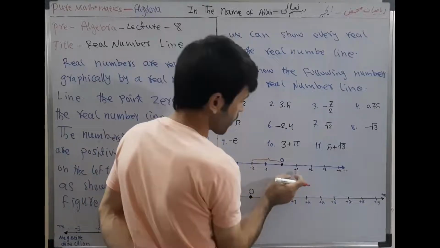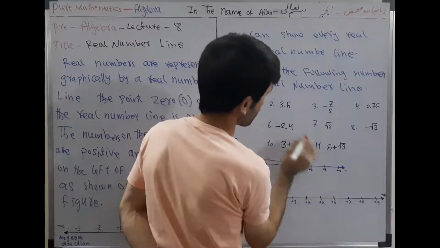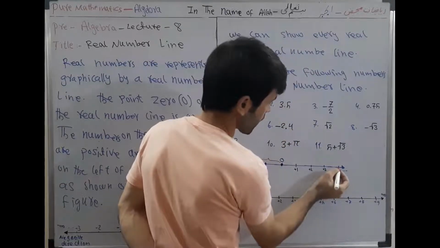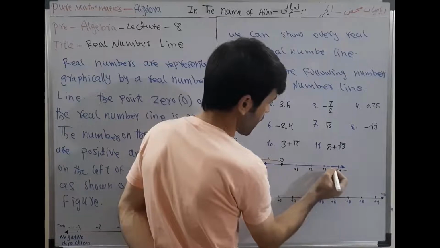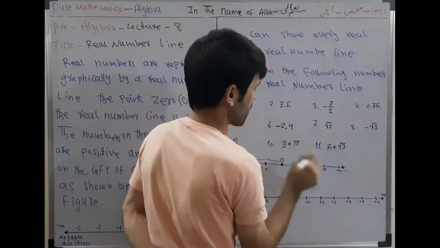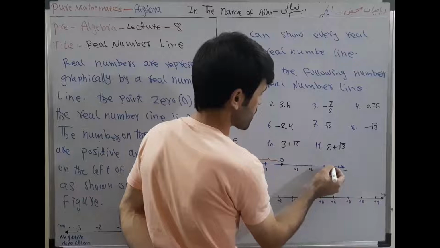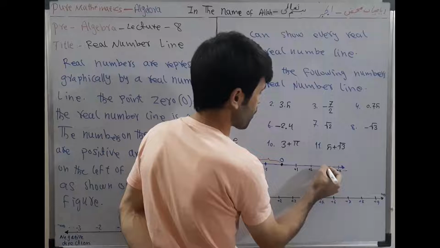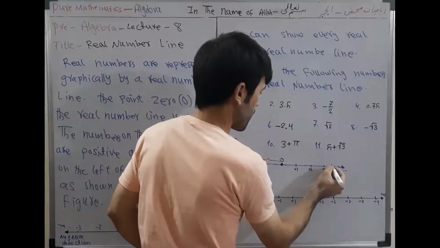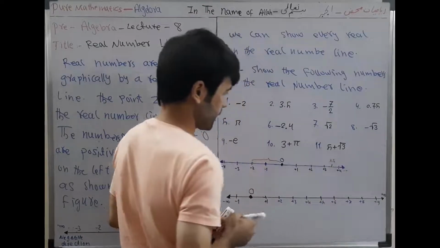3.5. We count from here: 1, 2, 3, and then 0.5. Here we divide from 3 up to 4 into 10 parts: 1, 2, 3, 4, 5, 6, 7, 8, 9, 10. Here 1, 2, 3, 4, 5. Here is 3.5.